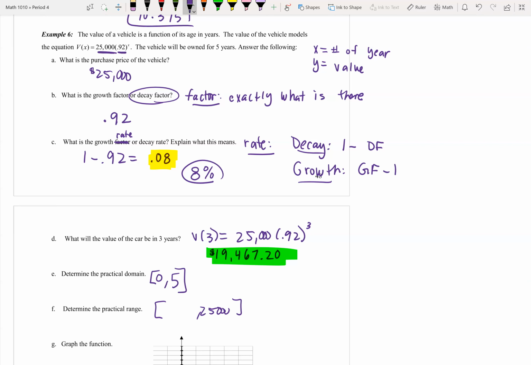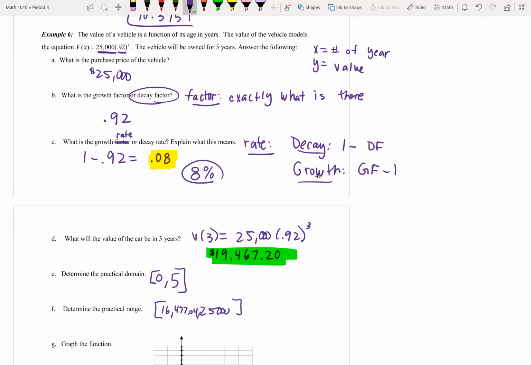How do I find the smallest value? This has been on quizzes and tests for sure before that you've seen. What's the longest I can own it? 5 years. So I'm going to put in a 5. Everybody go 5, store, enter, up, enter. And if I own it for 5 years, it's going to be 16,477.04. There's my practical range.